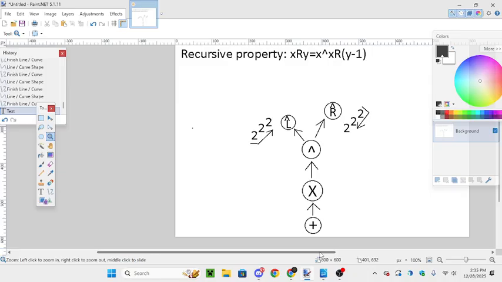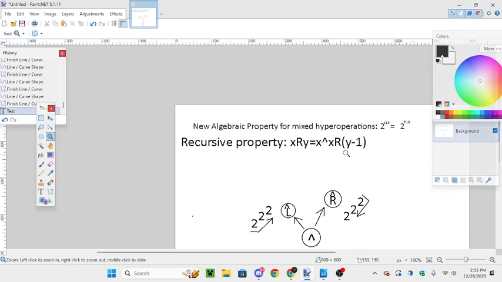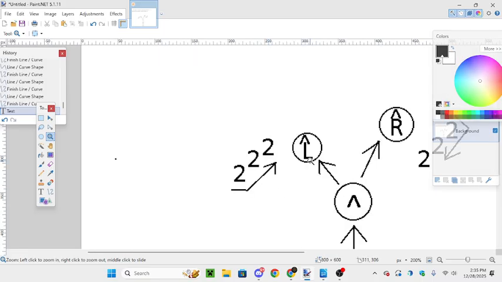All that the recursive property allows us to do is, if we know the result of a function of x raised to a certain power in a hyperoperation, we can figure out what it means for x to be raised to the nth minus 1 power. That's all it really does. It doesn't do much for us. And so what we want to do is find other algebraic properties that do more.